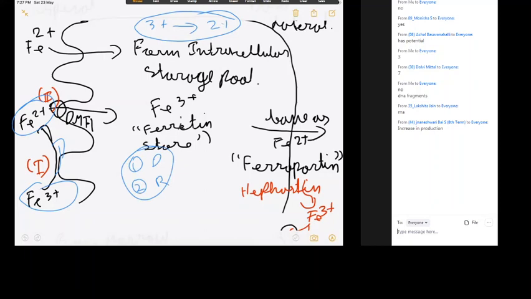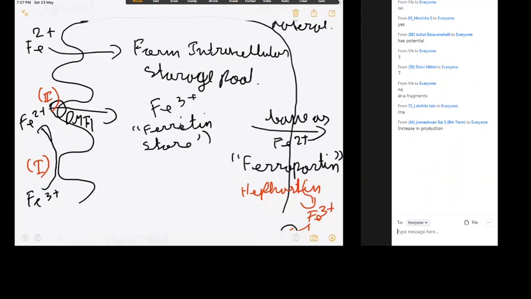So the enzyme will be called, anyone can answer? Duodenal cytochrome b reductase. This duodenal cytochrome b reductase converts your Fe3+ to Fe2+, and this Fe2+ is a divalent ion.